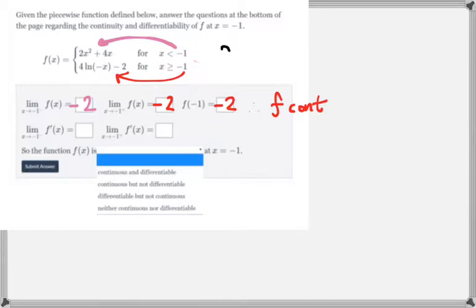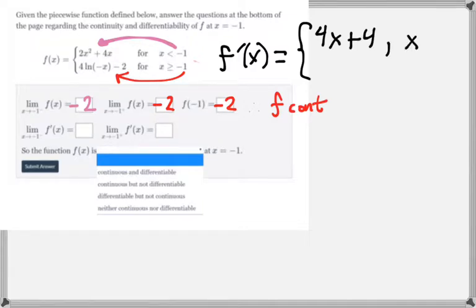So, f prime of x. This is a little more challenging. The derivative of the top piece is 4x plus 4, and that's valid when x is less than -1. The other piece requires a little more care, so let me be careful here.